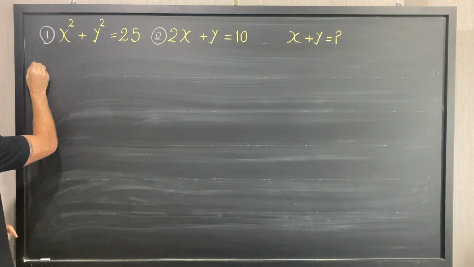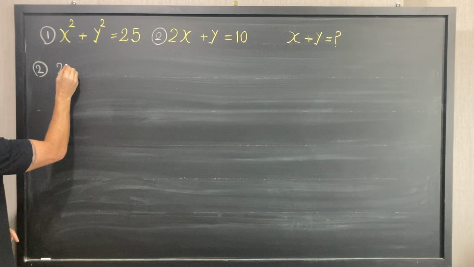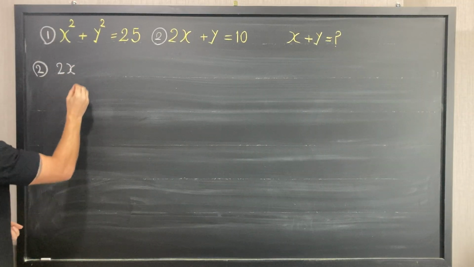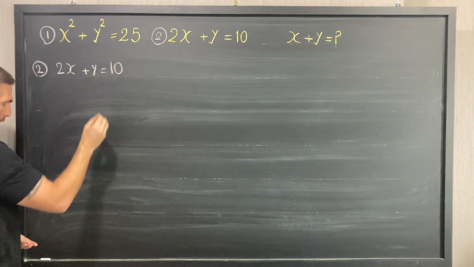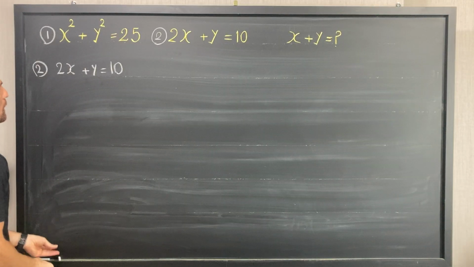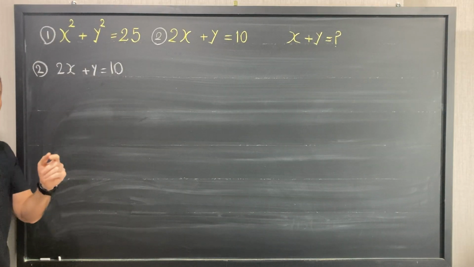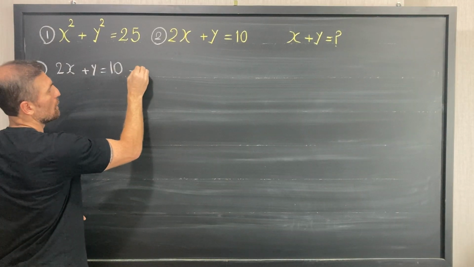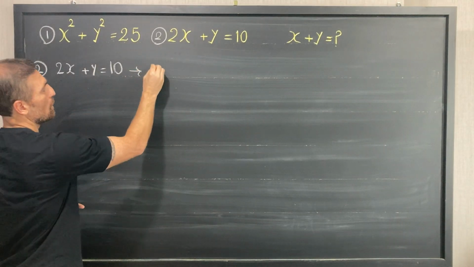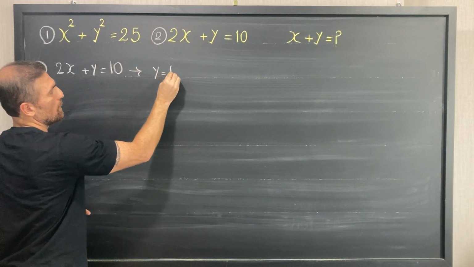Equation number 2 says 2x plus y equals 10. Now let's see what we have here. We have x and y. I'm going to write y based on x. It is going to be y equals 10.